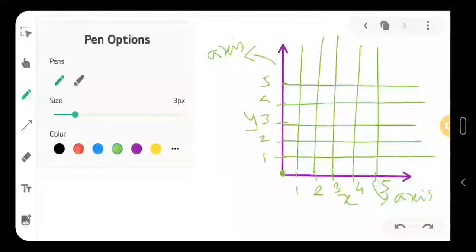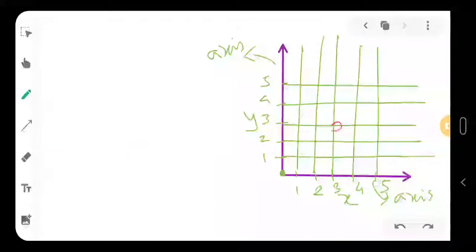Let me change the color. So I want to know the location of this point. I will see how many steps I have to go in the x direction and how many steps I have to go in the y direction. So I can see that I have to go 1, 2, 3 steps in the x direction, and then 1, 2, 3.